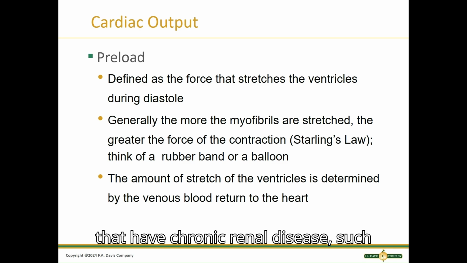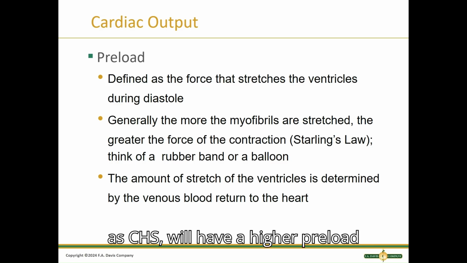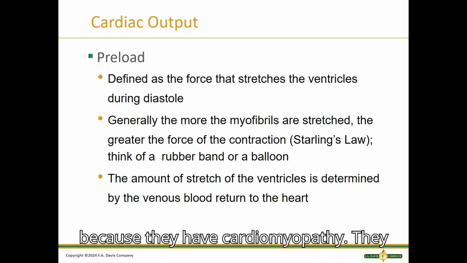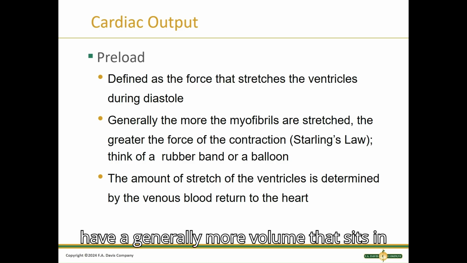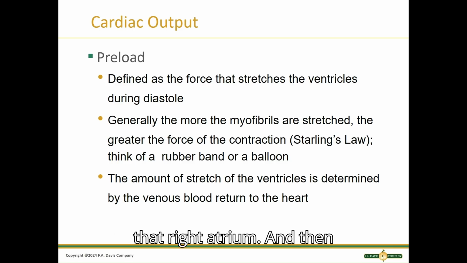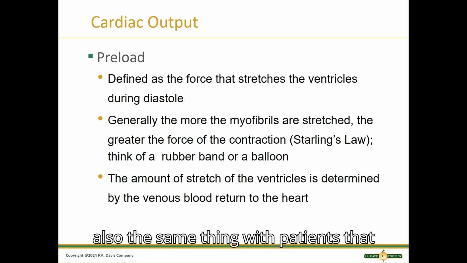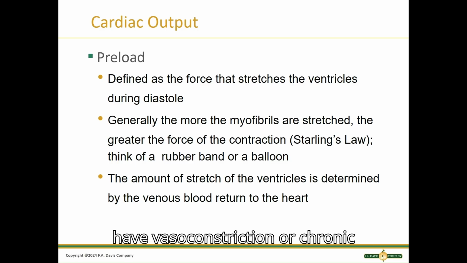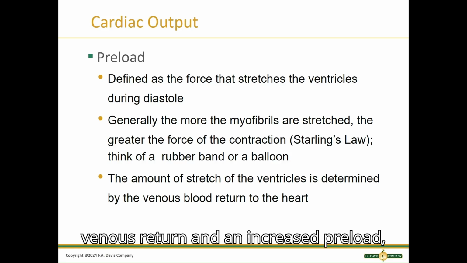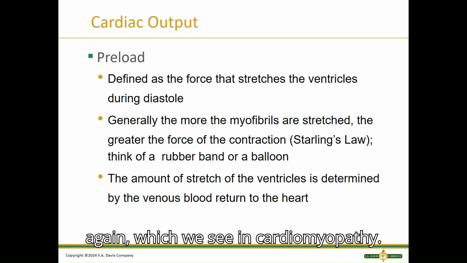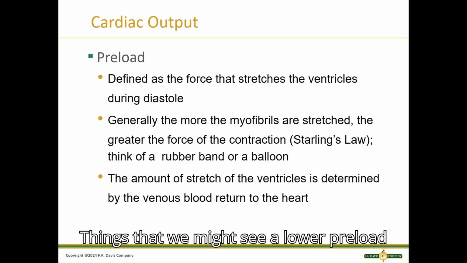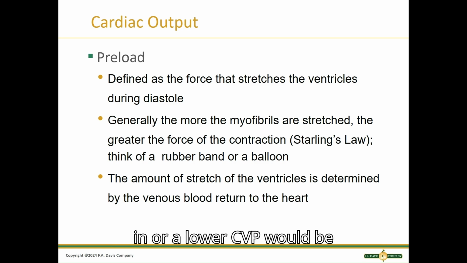Preload is generally measured as what's called CVP, and that is indicative of the right atrium. It's a reflection of the patient's fluid status, known as the filling pressures. Patients that have chronic disease, such as CHF, will have a higher preload because they have cardiomyopathy. They generally have more volume that sits in that right atrium.